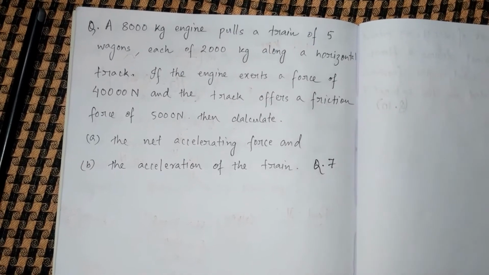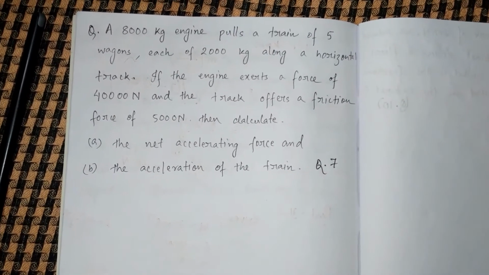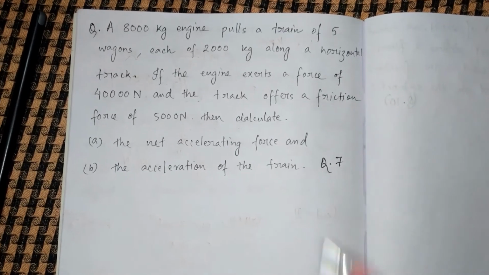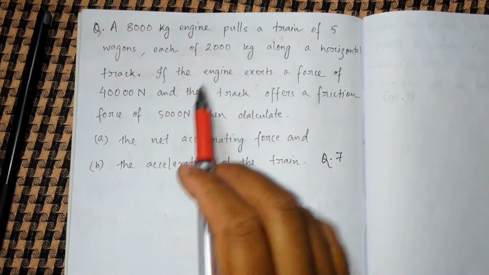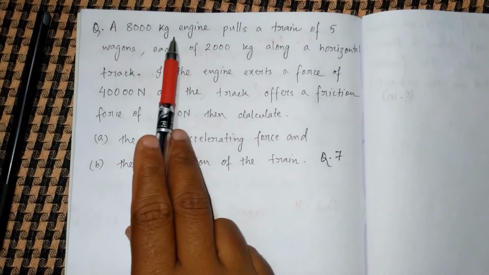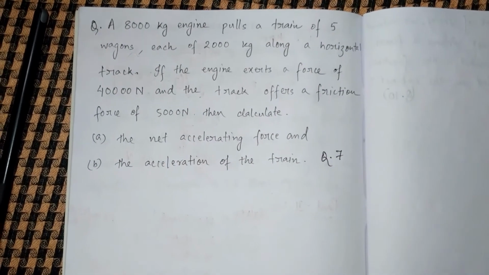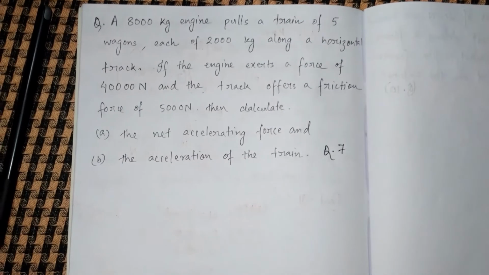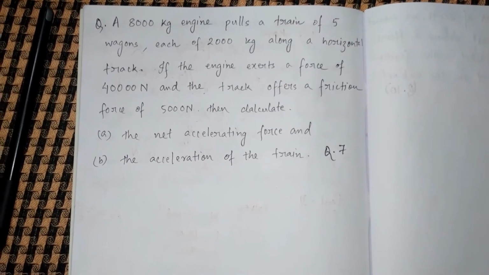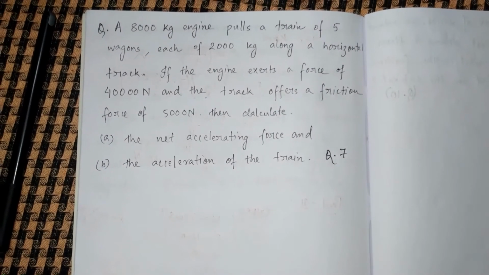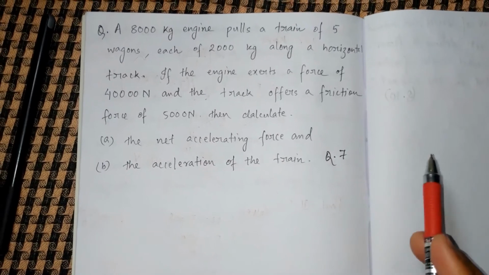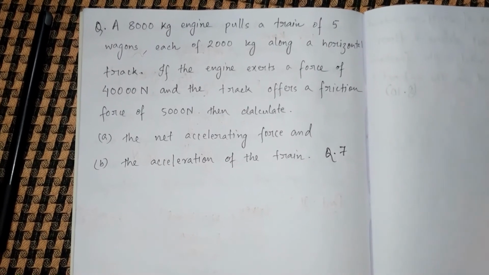So this question is also very much easy, okay. This question has two parts. Firstly, we'll understand the question. There is an engine, okay, train engine. We can see in the train track there is the engine at the first position, and then the different wagons are there, okay, where some goods are being carried.